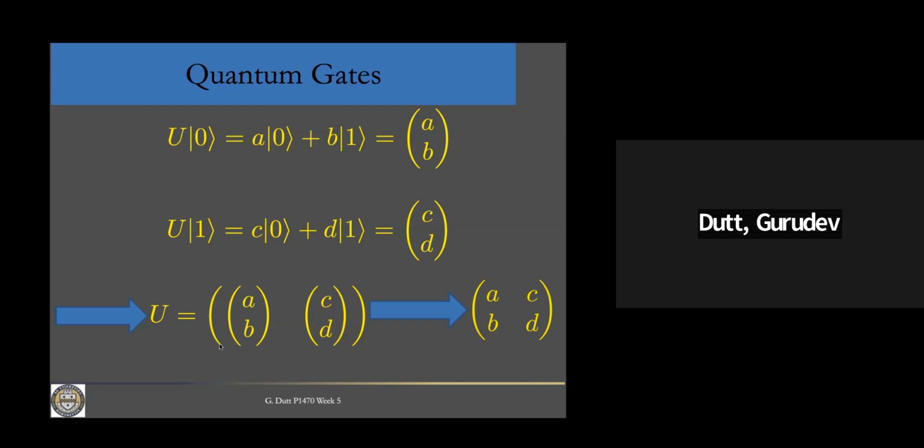Because it gives me the right answer on any linear combination, which I'll show in a second. Let's also make sure we can go the other way. So now that we have this definition for the matrix A, C, B, D for U, let's act with it on some state, to make sure we recover reasonable answers.